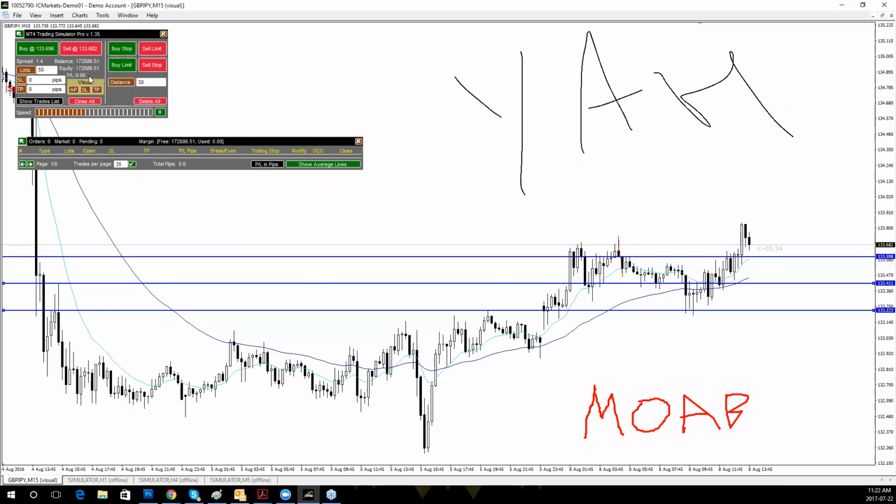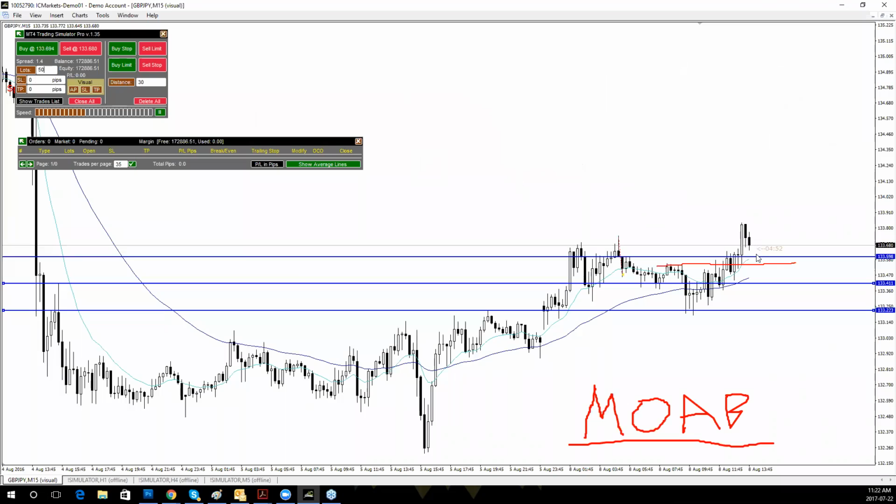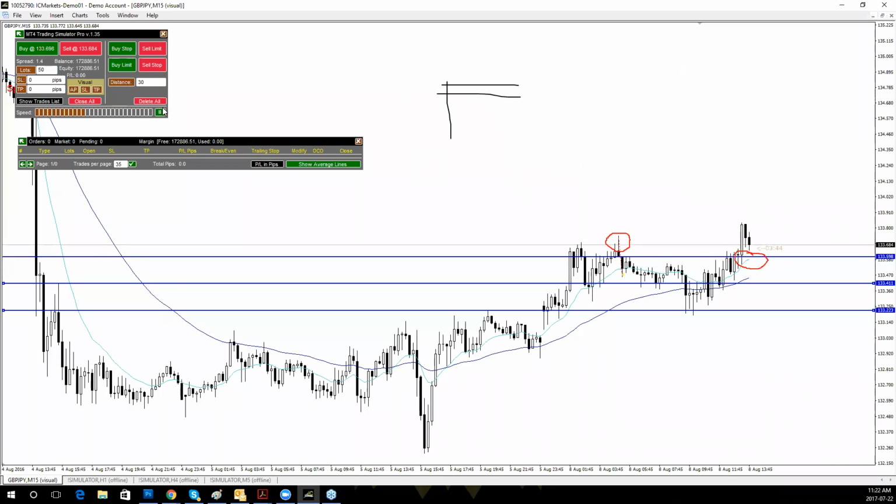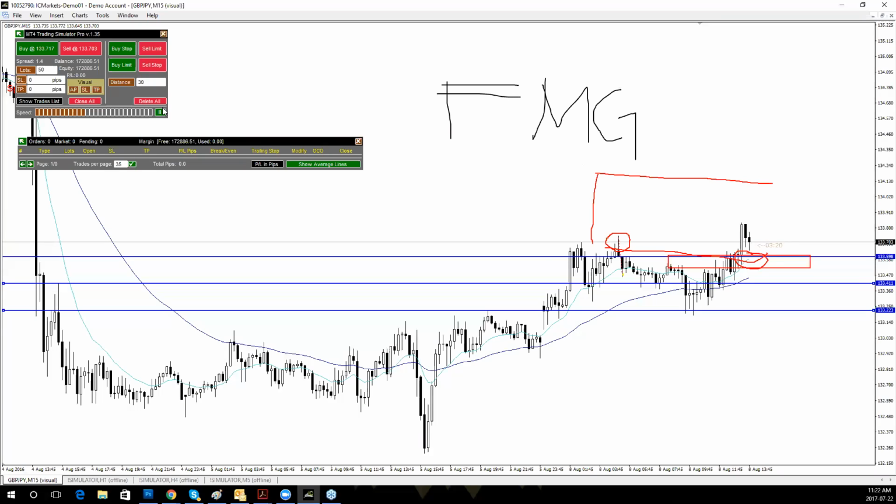Okay, that's the support over there as well. So in between this zone, I take more buys. Because if it's trending up, this is the same time where London is going to consolidate before New York opens. And when New York opens, there's a further push in the trend direction.